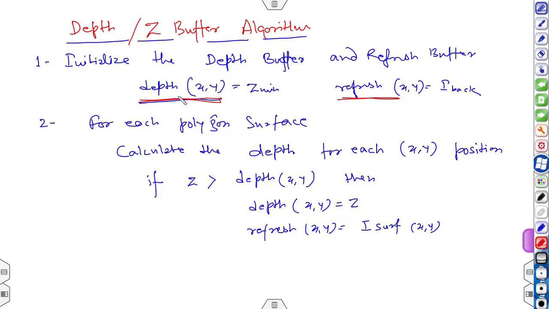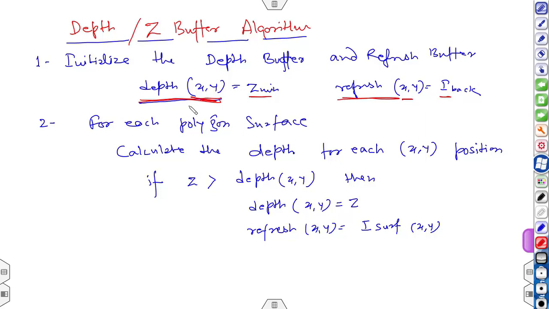The depth buffer is used to store the depth in terms of the z-axis for all the xy positions. The refresh buffer is used to store the intensity of the pixel at that particular xy location.